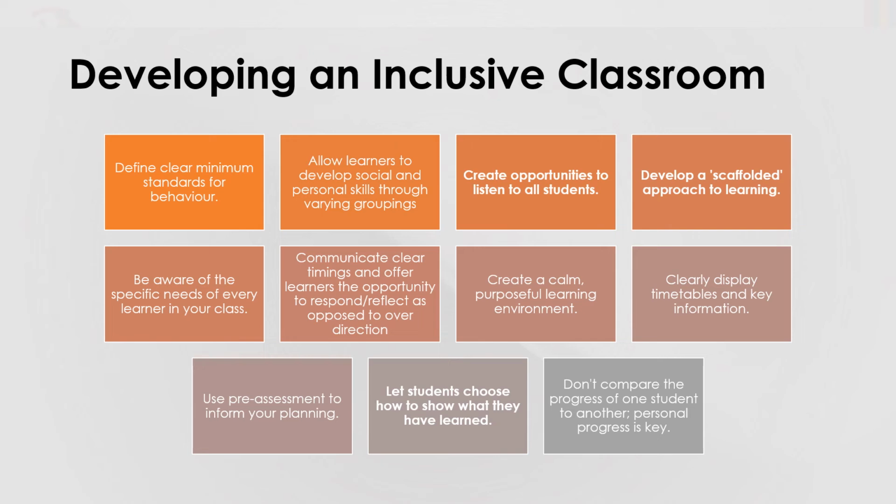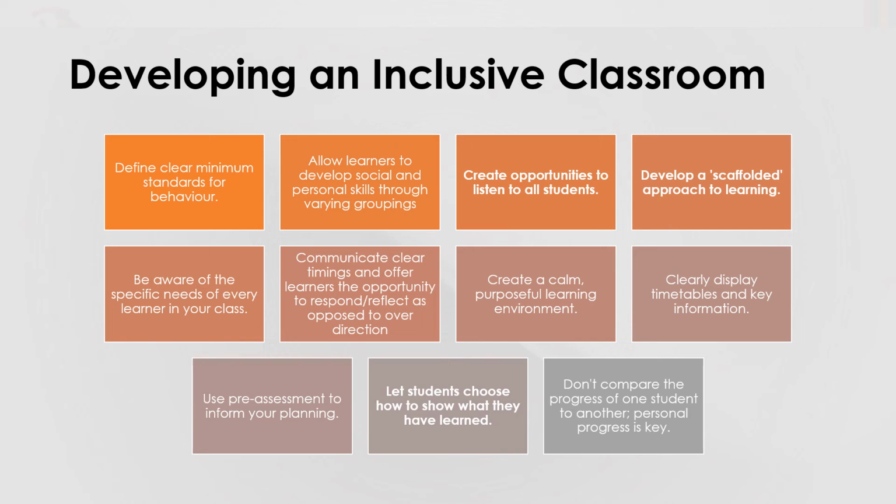We need to be aware of the specific needs of every learner in our class. We need to communicate clear timings and offer learners the opportunity to respond and reflect. We need to create a calm, purposeful learning environment, and obviously that's linking in with our social and emotional classroom in the Liverpool way. Are we clearly displaying timetables and key information?